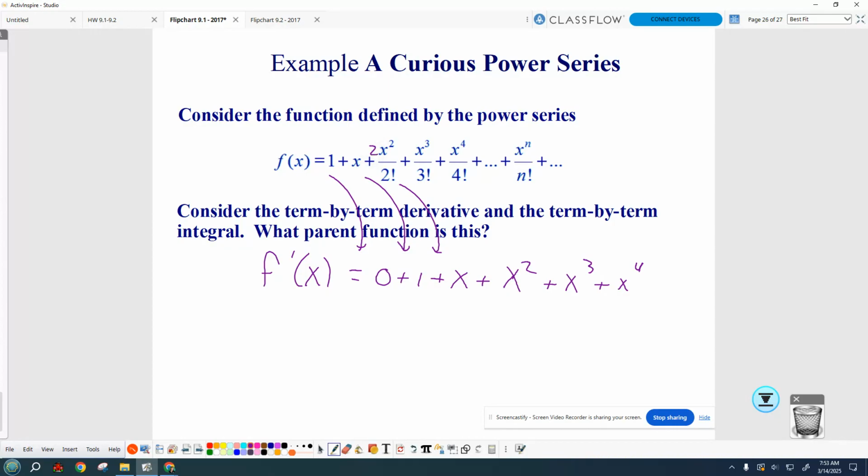Multiply by the power, lower the power. That 2 reduces and there's a 1 down there. Multiply by the power, lower the power. What happens then? Over 2. And then over 3. Or over 6. Over 3 factorial.